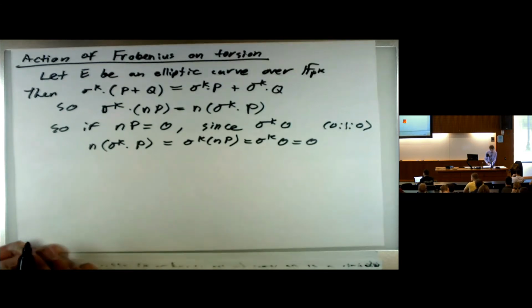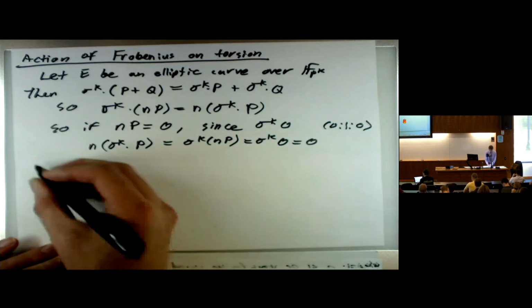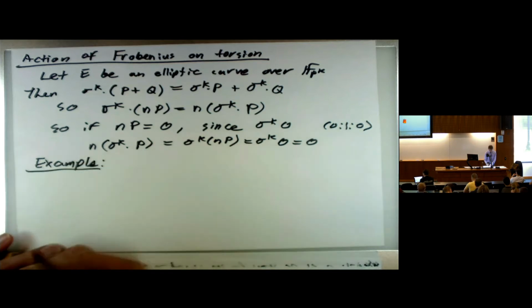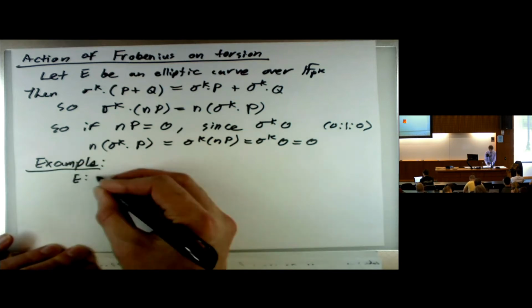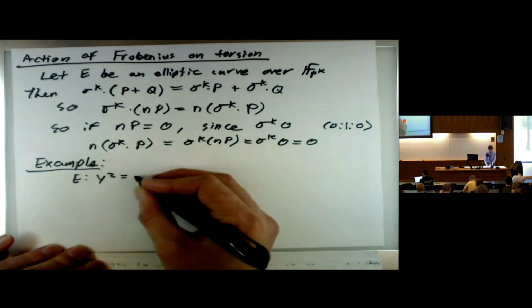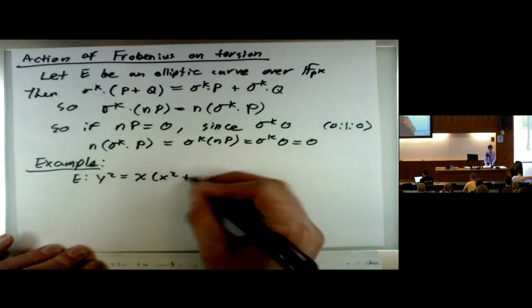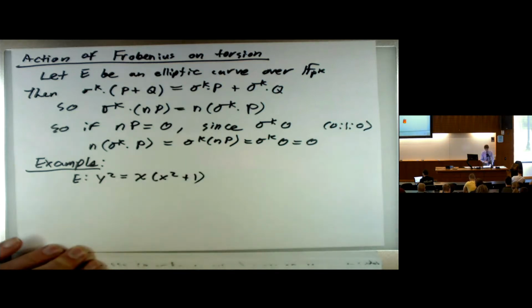So now let's look at a simple example. This is an example I like a lot for many things, except it is not well suited to what I want to do tomorrow. This is an elliptic curve that is not defined over F_2, but it is defined over F_p when p is odd.